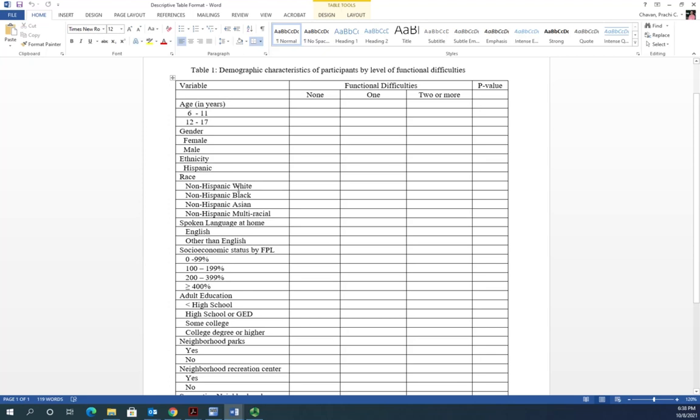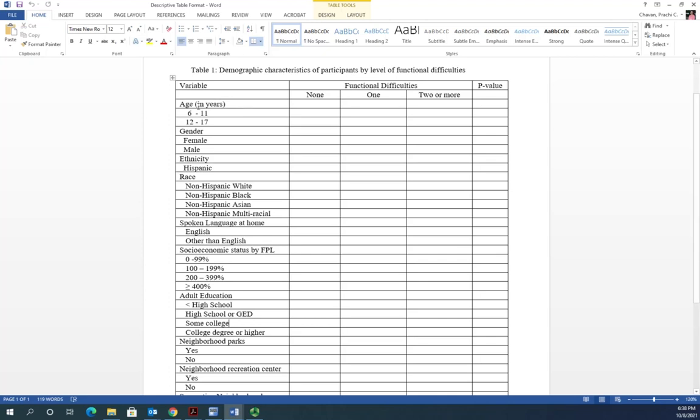Another thing I want you to notice is I have indented all the response categories. So whenever you're preparing a table, you have to write your variables, and all the variables in this column are left indented. I'm specifically writing that age is in years because age can sometimes be in months, it can sometimes be in days, especially when there is a data set of children.